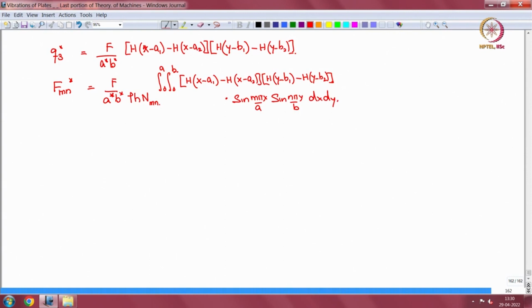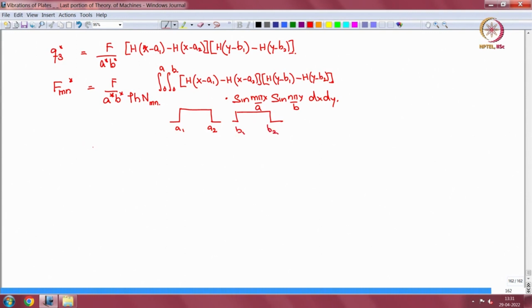Okay. So now what this Heaviside function will do is, it is 0 outside A1 to A2, and therefore it will allow any non-zero value only between A1 and A2 in the x direction, and B1 and B2 in the y direction.